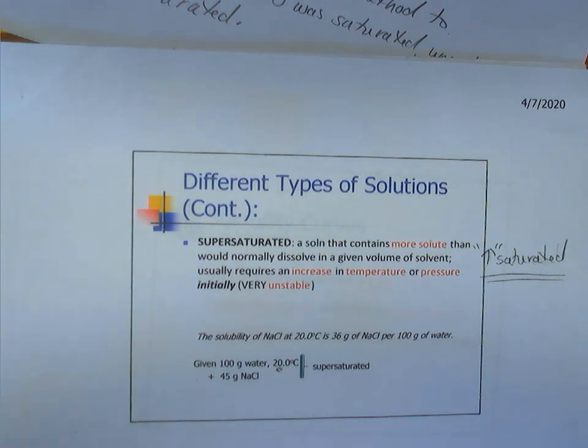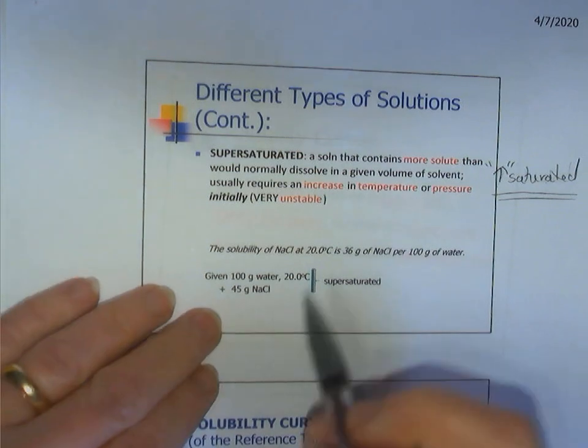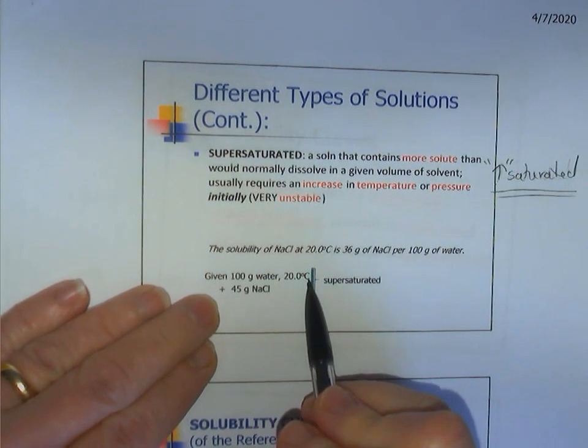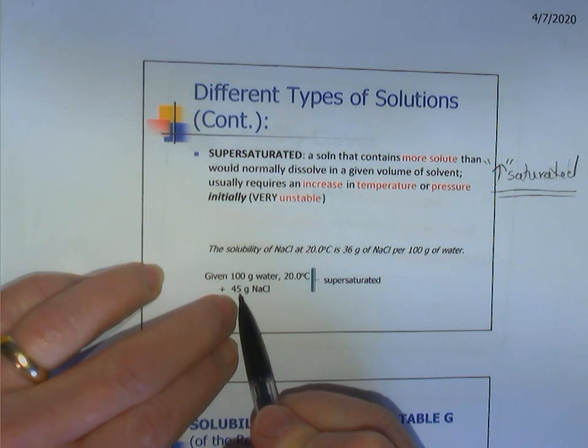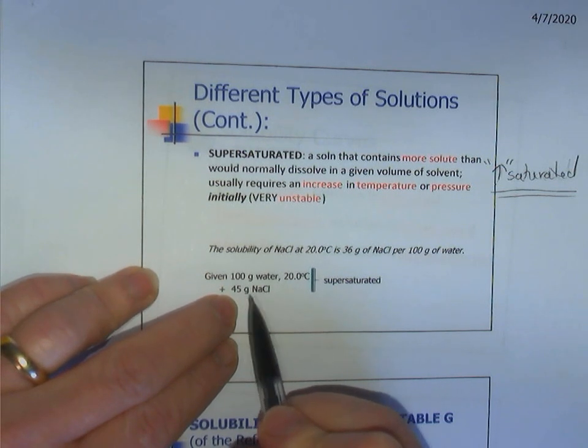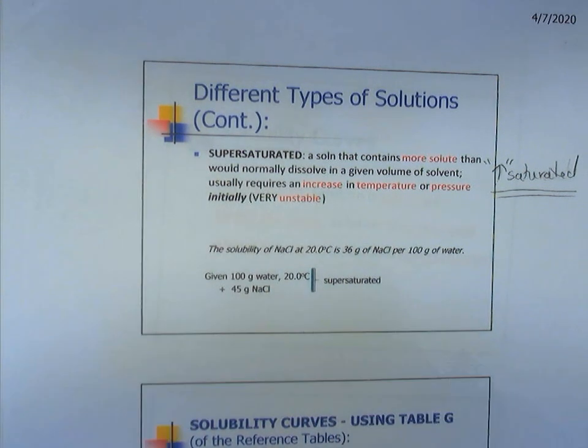Now, how do we get that? Well, first, numerically, if at 20 degrees Celsius, 100 grams of water would be holding 45 grams of dissolved sodium chloride. So remember, the solubility is 36 grams. It would be supersaturated. But how did we get there?